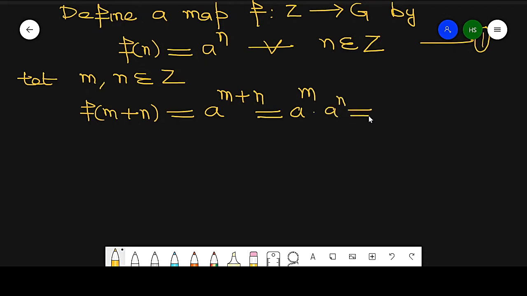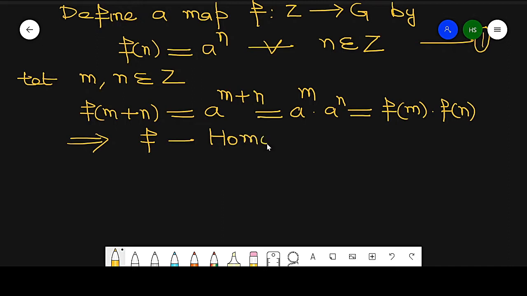This value can be written as f of m into f of n, since this group is with the binary composition multiplication. So it implies my first step, f is a homomorphism.